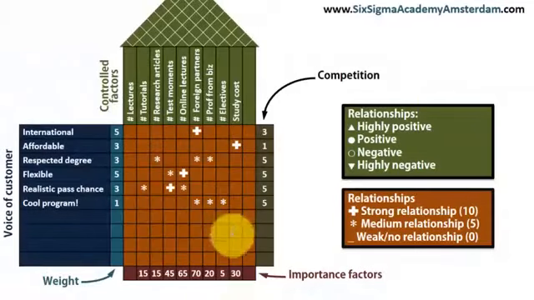Now, how do we interpret these values? Well, as follows. If we see here a very low value, for instance 5, that means that the factor attached to this value, namely the number of electives, does not have a very strong role in achieving customer satisfaction. So in satisfying this voice of customer, namely what the customer wants, this factor is not a very important one.